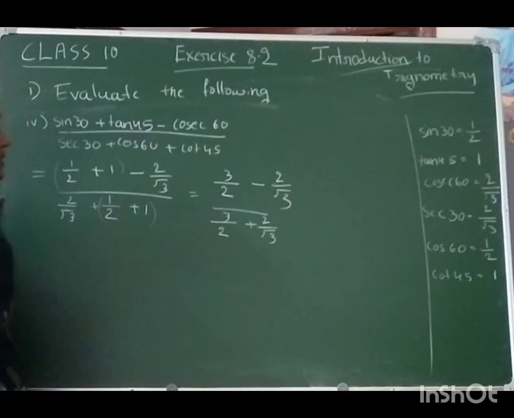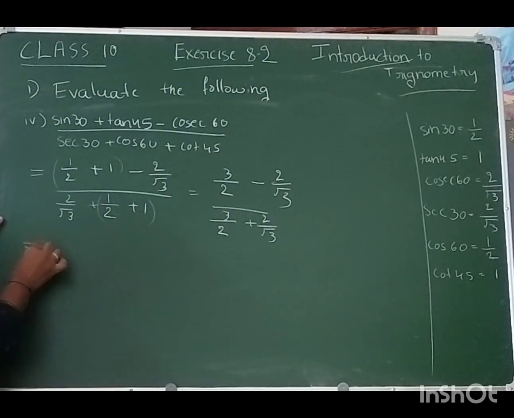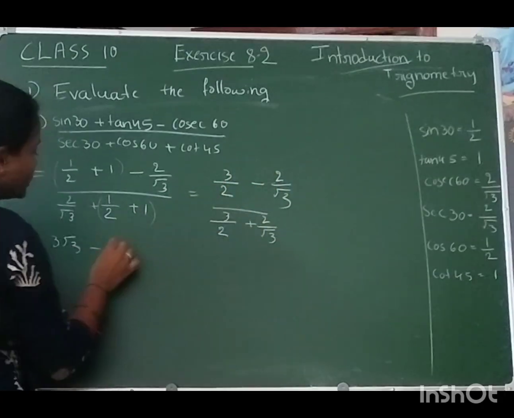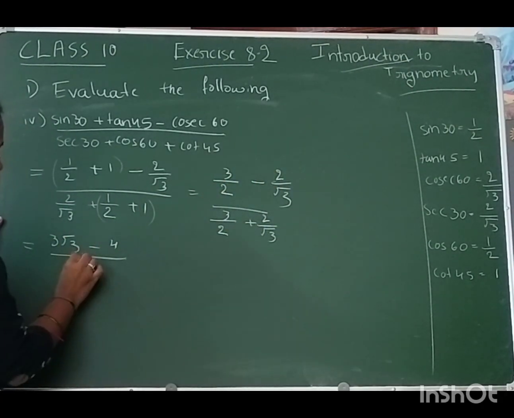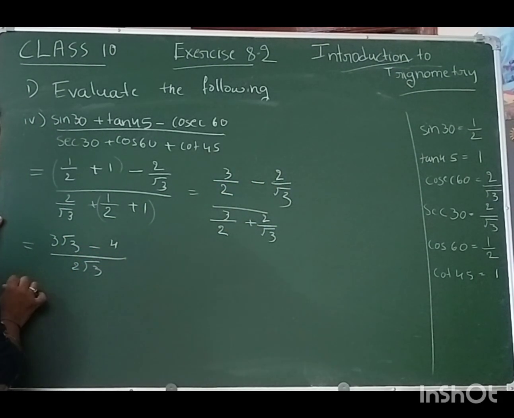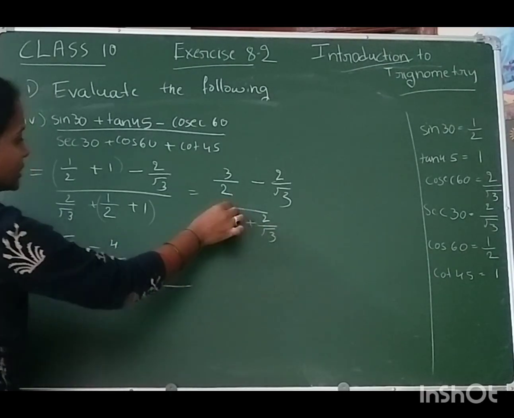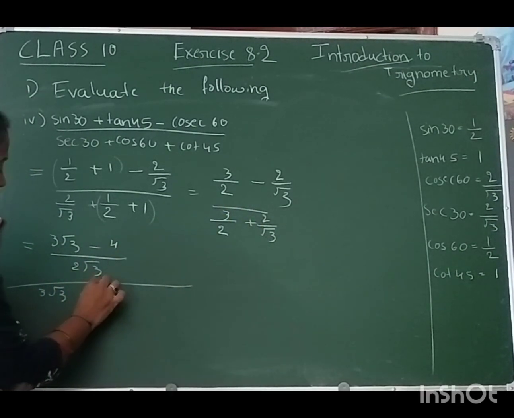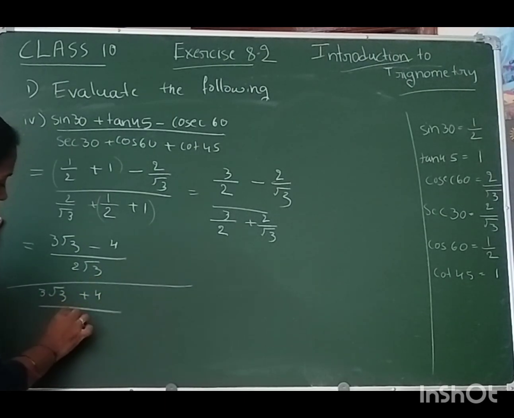Let's take an LCM in the numerator and denominator. In the numerator, by taking the LCM 2 root 3, we'll get 3 root 3 minus 4 divided by 2 root 3. Similarly, in the denominator, we will get 3 root 3 plus 4 divided by 2 root 3.